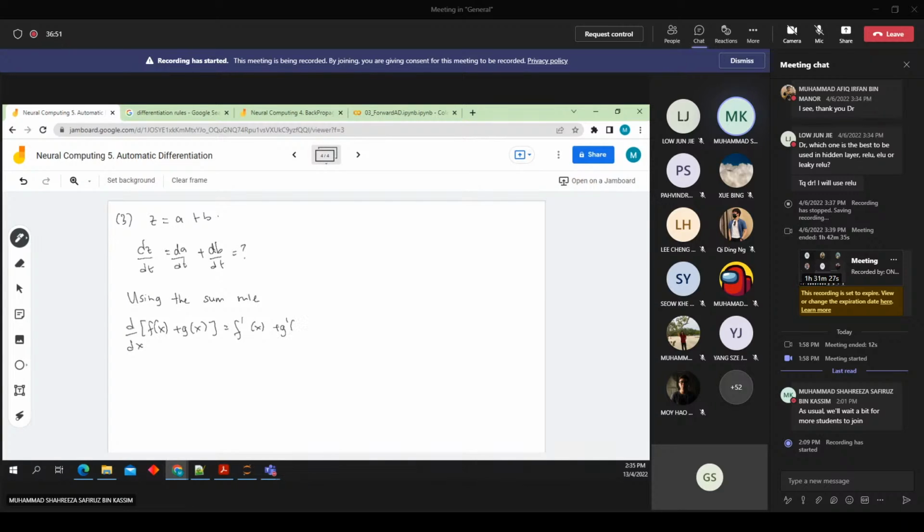And then just take this, so dz dt equals dA dt plus dB dt. Now, dA dt and dB dt had been solved earlier, so you know that. So this is x dy dt plus y dx dt, and then plus cosine of x dx dt.